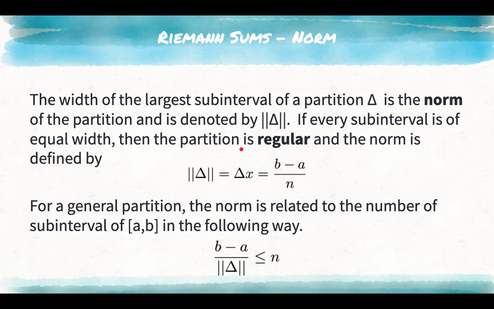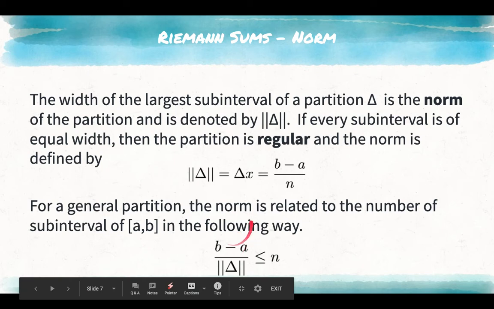That's what we were using last section. We were actually doing Riemann sums, but we were doing a regular partition, to which the norm would be the same as everything else because they're all the same width. In general, the norm is related to the number of subintervals this way. The smallest number of subdivisions would be b minus a over the norm.